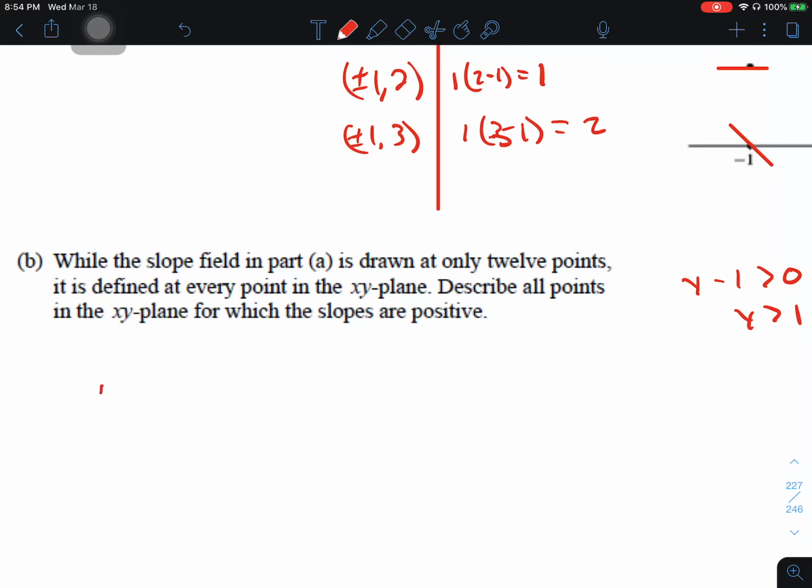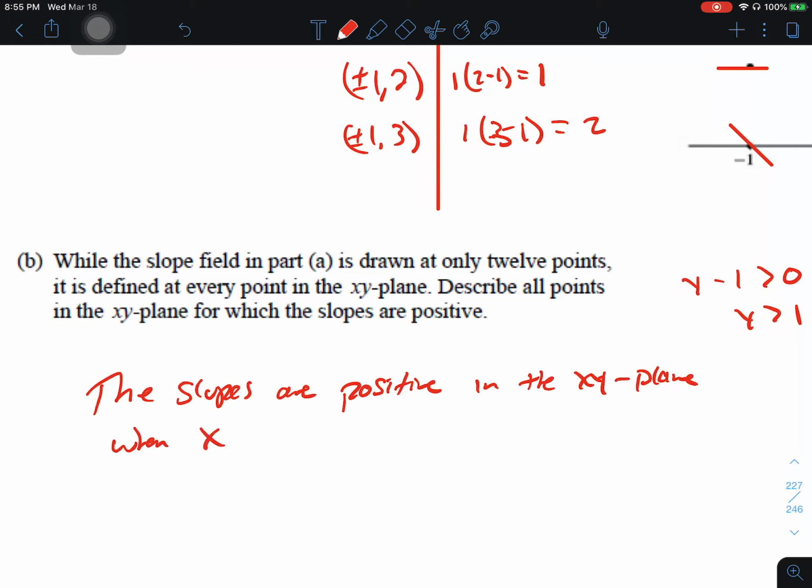So if I combine those answers, I can say the slopes are positive in the xy plane when x is not 0 and y is greater than 1.